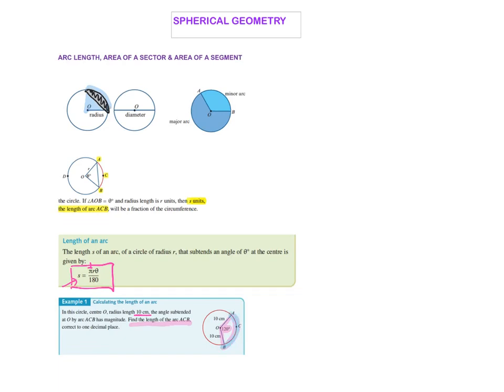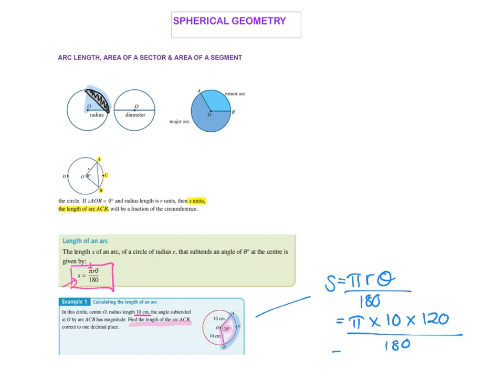Okay, so if we write the formula, the formula for arc length is pi times r times the angle over 180. So in this case, it would be pi, the radius is 10, times the angle, which is 120, over 180, and you'd get your answer.